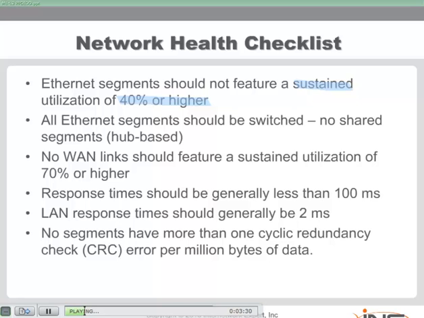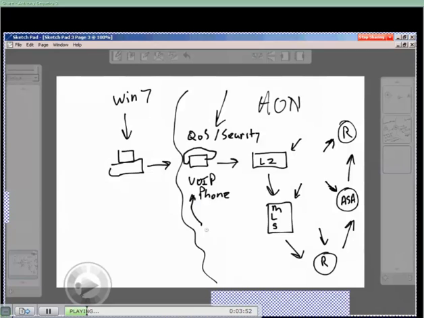Now you might say, wait a minute here, that's ridiculous. Please keep in mind the use of this word here, sustained. So when you look at a graph of your utilization, it's not like you're never going over that 40% number. Sure, you're going to go over that 40% number.